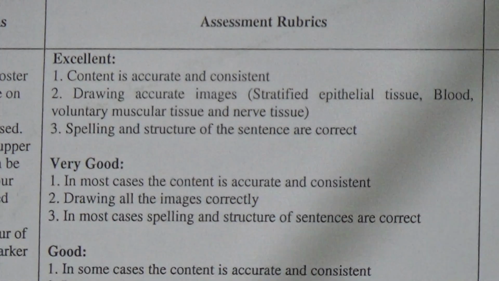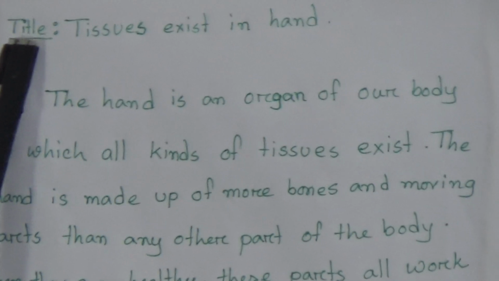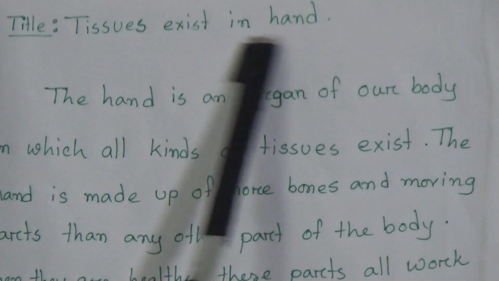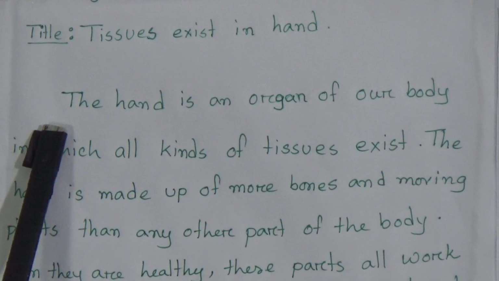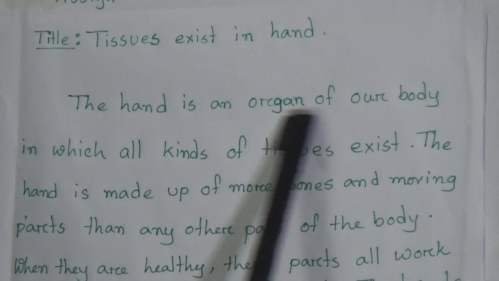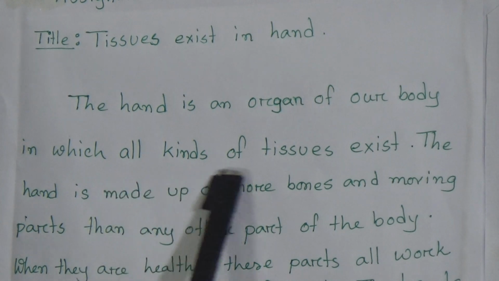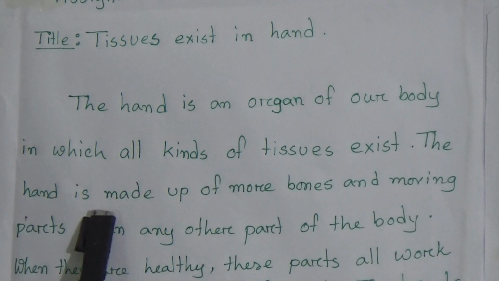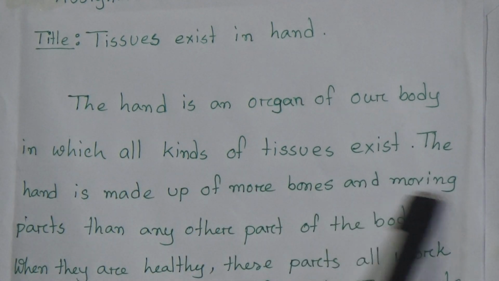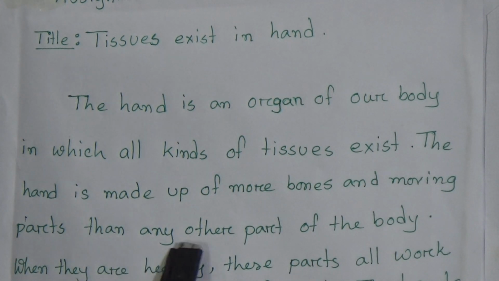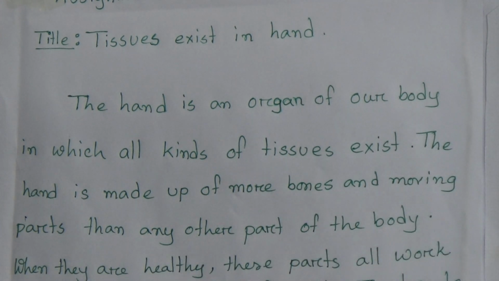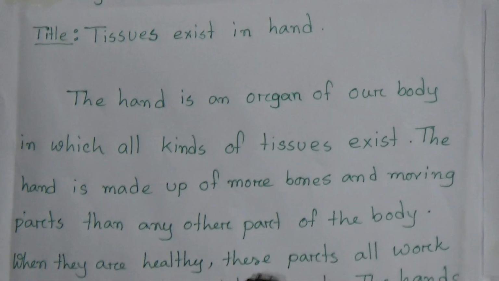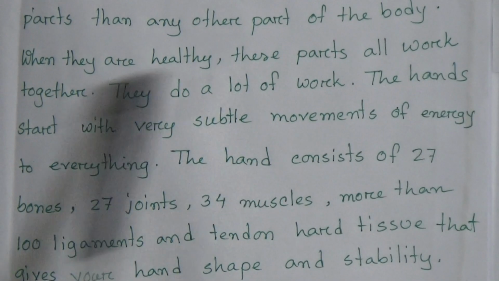Now come to the solution of the assignment. This is the demo of the solution of the assignment. The title will be Tissues Exist in Hand. Then this is the introductory part: the hand is an organ of our body in which all kinds of tissues exist. The hand is made up of more bones and moving parts than any other part of the body. When they are healthy, those parts all work together.